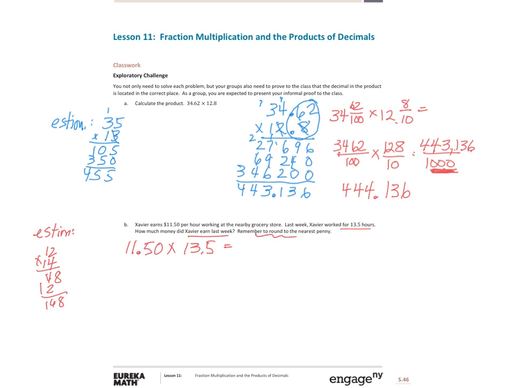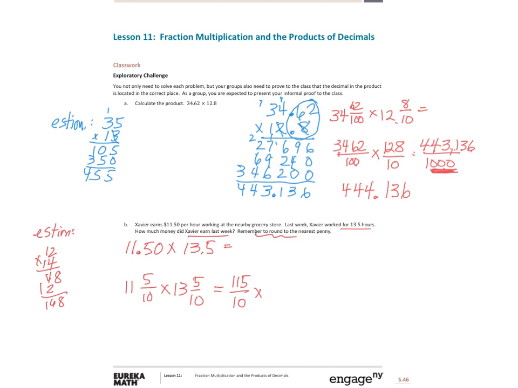Well, in using fractions, I can go ahead and do the multiplication, but in using fractions, I have 11 and 5/10, and then I'm going to multiply that by 13 and 5/10. Okay, now I'm going to change those to improper fractions. So 10 times the 11, I get 110 plus the 5, so 115 tenths now.